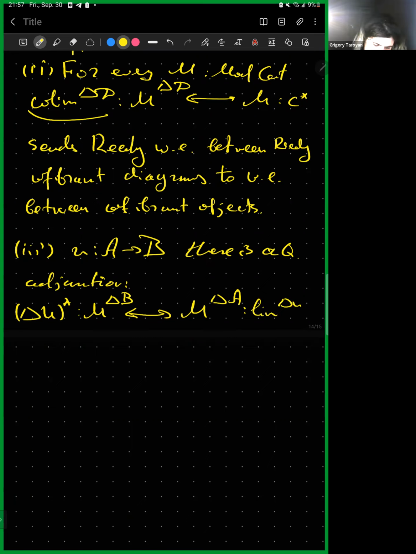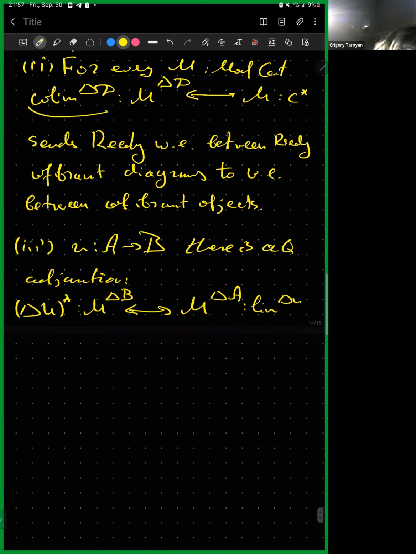So this looks like this, or we can write the same thing for the colimit and the induced diagram functor.